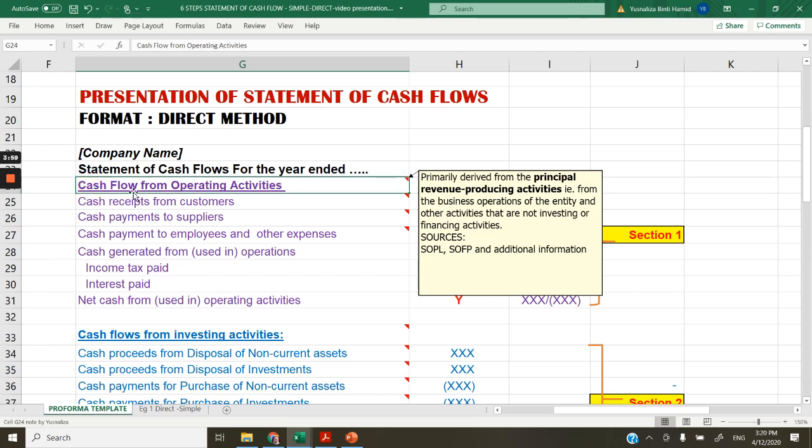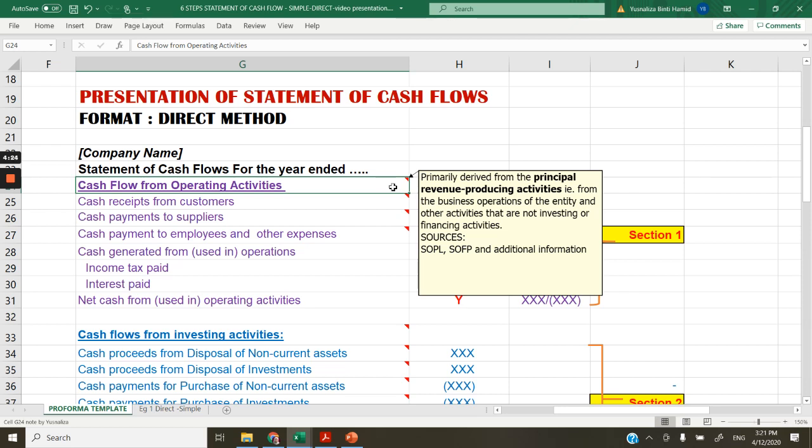Let's look at the first activity. This is the cash flow from operating activities. If you look at this note that I provide here, it is primarily derived from the principal revenue producing activities. These are revenue coming from the sale of goods, coming from the business operation.